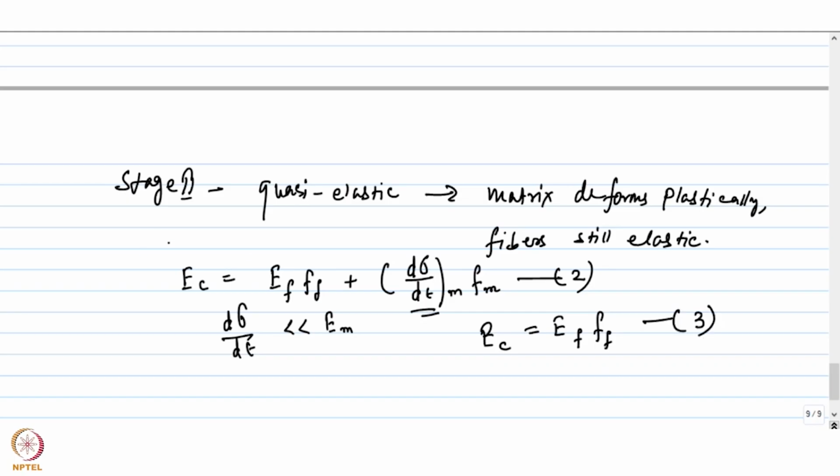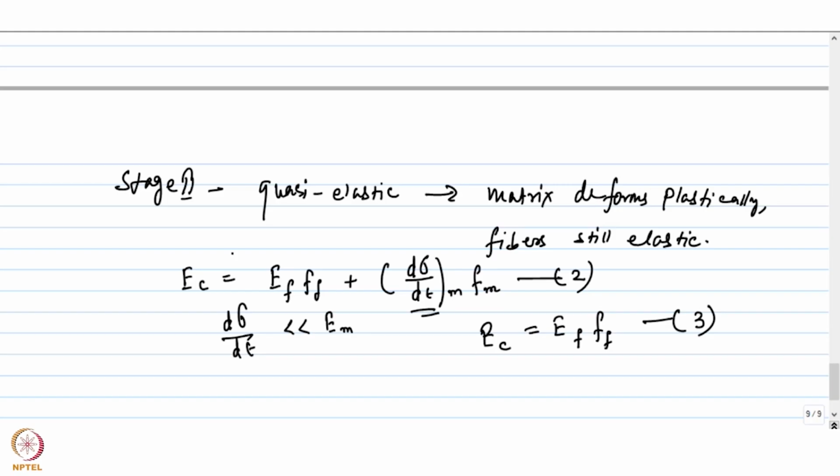So in this stage, in stage 2, if you unload the composite material, the fibers will return to their original condition, but the matrix will still retain some plastic deformation, and as a result of that, the matrix will be under compression, right?